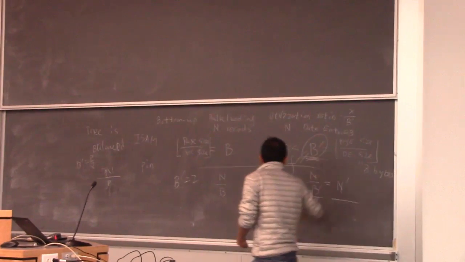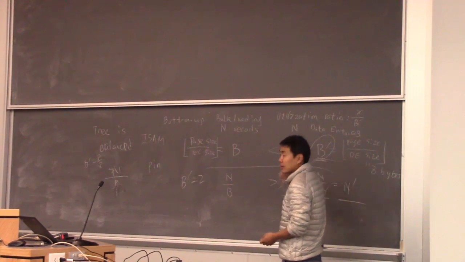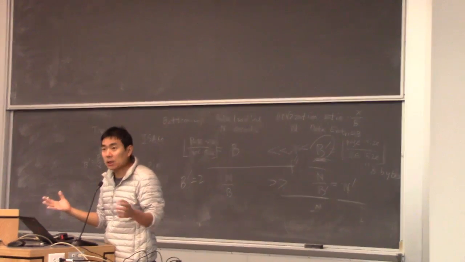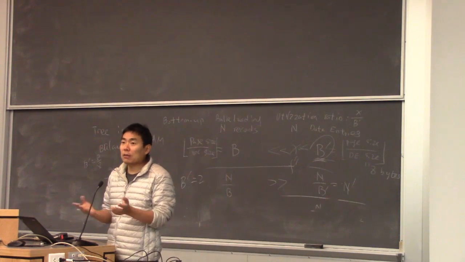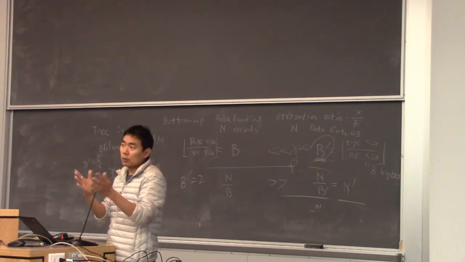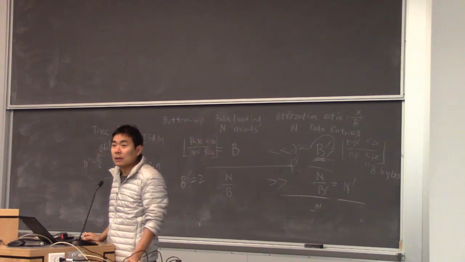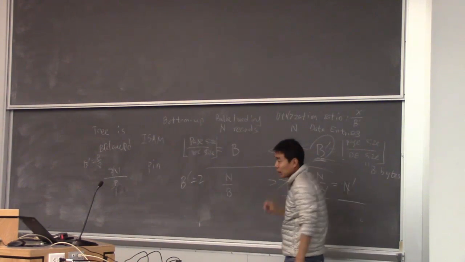Actually, f is not b prime. f is the actual number of data entries you place into a page, either at leaf level or index level. And we know f must be a value less than or equal to b prime, the maximum capacity of a page. So I use f to denote this value, which is the x I mentioned earlier.